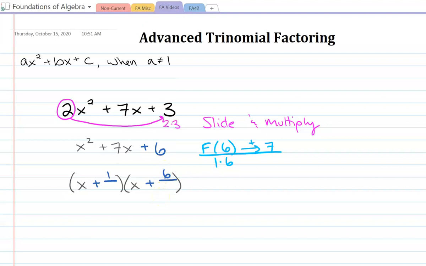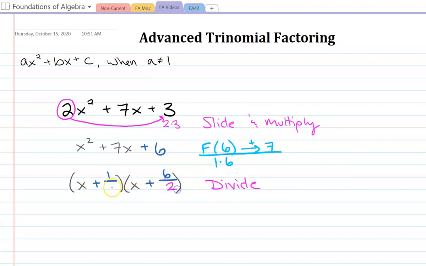But this time, instead of just stopping there like we did last time, we had to take care of that a to make it work for us. But that changed the base trinomial. So we have to take it out again. So once we have found the factors that work, we're going to divide it out again.